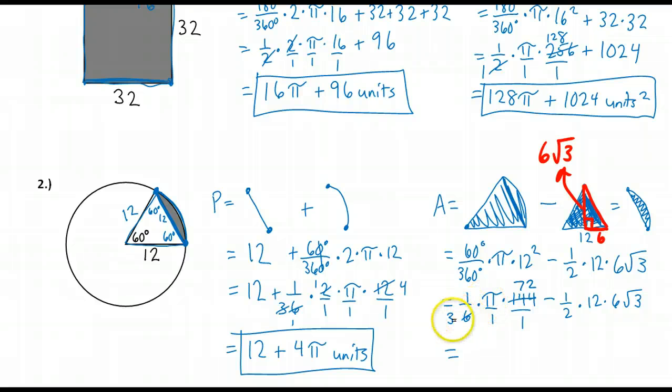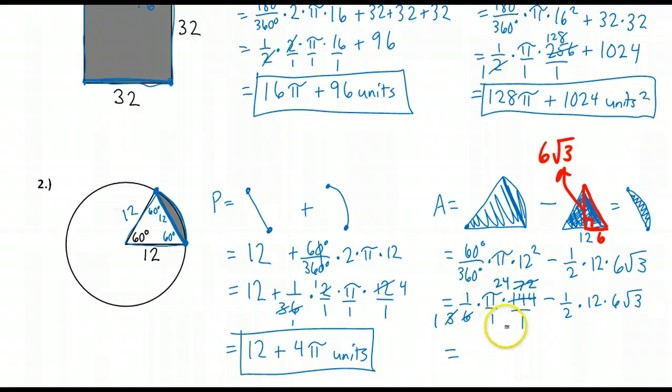Now 72 and 3 are both divisible by 3. 3 divided by 3 is 1. 72 divided by 3 is going to be 24. If I had 3/4, I'd have 75 cents. So if I have 1 less penny per quarter, I'm going to have 3 less cents compared to 75 cents.